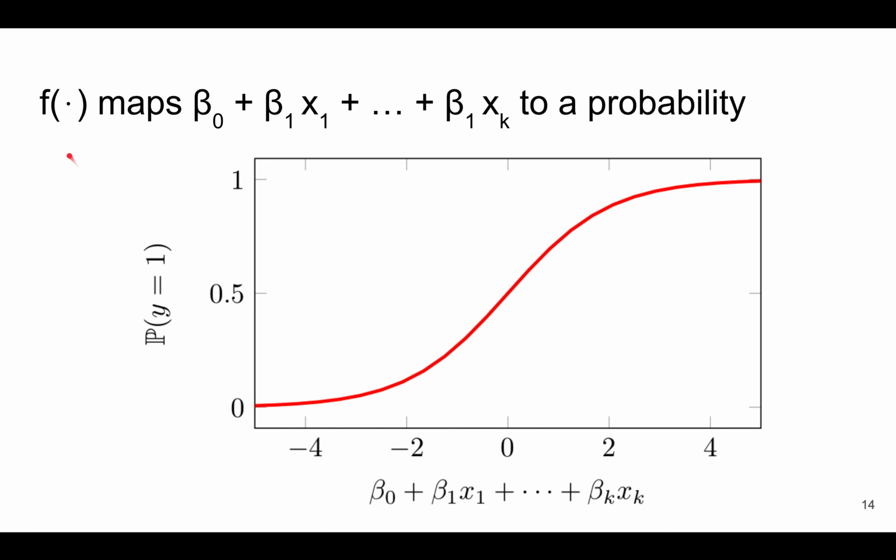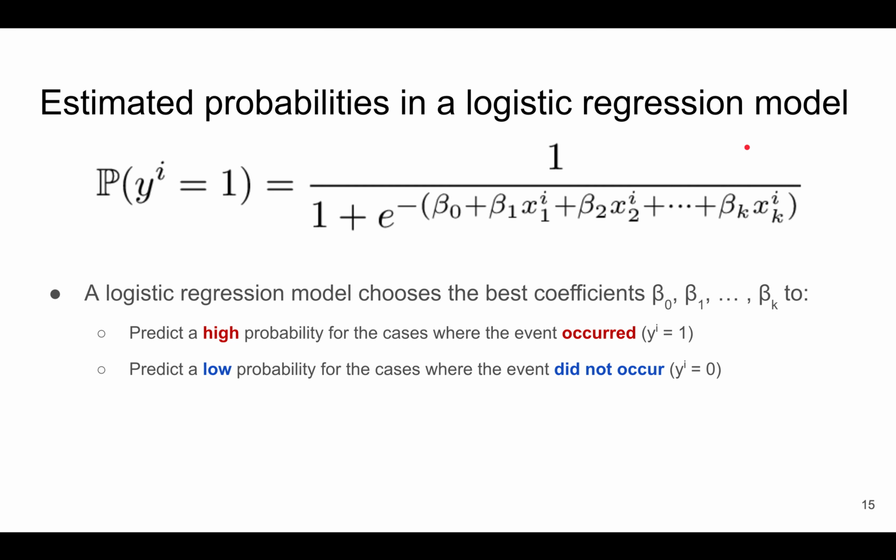And f maps this linear expression into a probability using the standard logistic function. We can map this expression into a probability between 0 and 1. And when we estimate a logistic regression model, we're trying to choose the best coefficients, beta 0, beta 1 to beta k, so that there's a high predicted probability when the event occurred and a low predicted probability when the event did not occur.